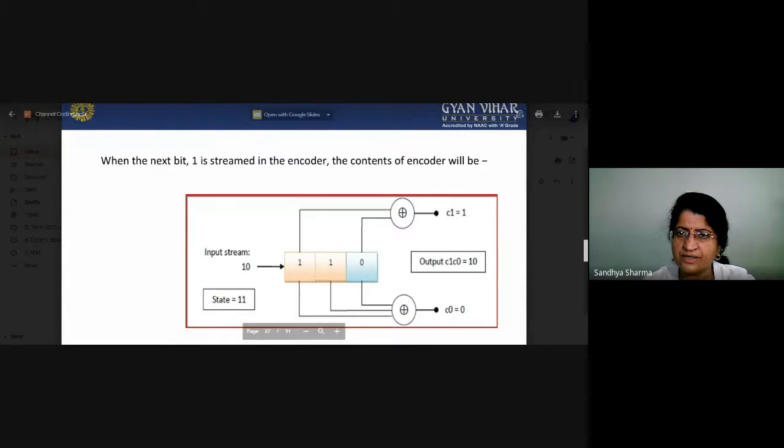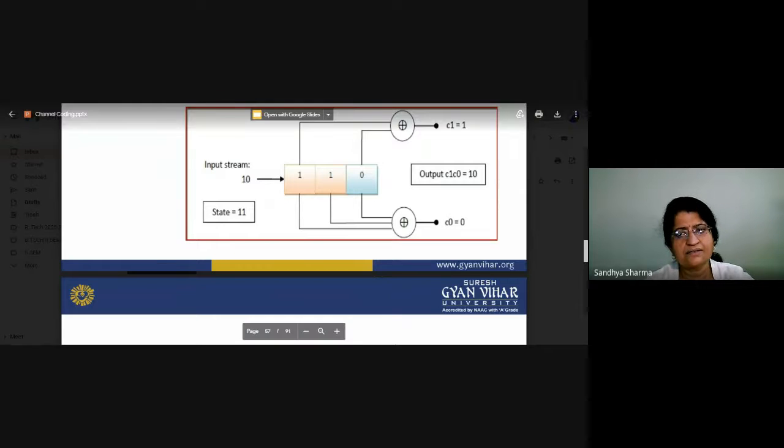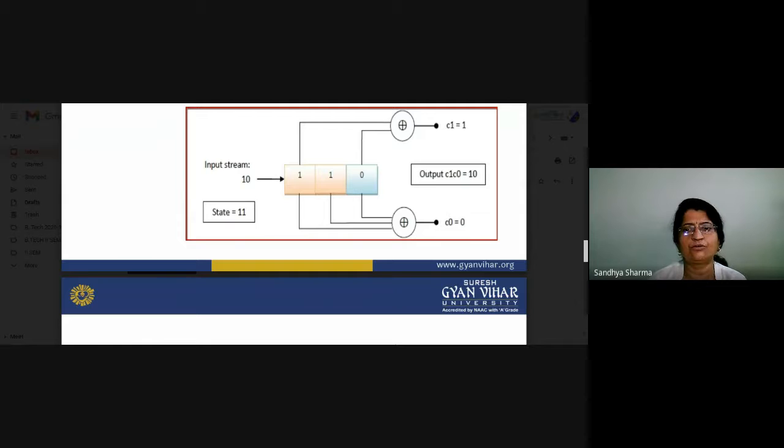This bit is shifted to here, and now the next bit 1 is entered. What is your output? 1 and 1, and that is 0, and the input stream is 1 0, and the output C1 C0 you will receive is equal to 1 0.